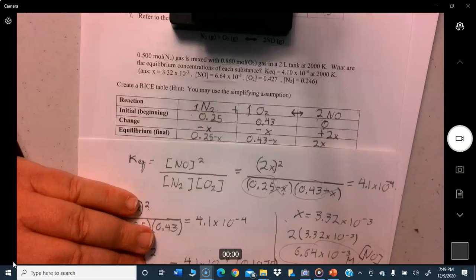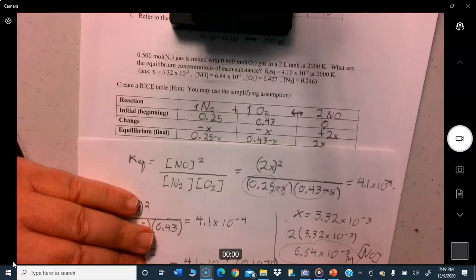It's a little weird to subtract, but a calculator can do it. That's where a calculator will come in. Minus 3.32 times 10 to the minus 3. Again, if you had to do that in scientific notation, you'd have to convert this so it has an exponent of 10 to the minus 3. So this is 4.3 times 10 to the minus 1.